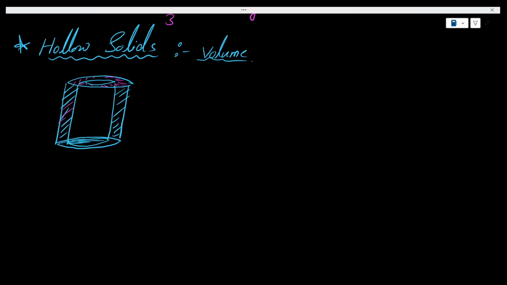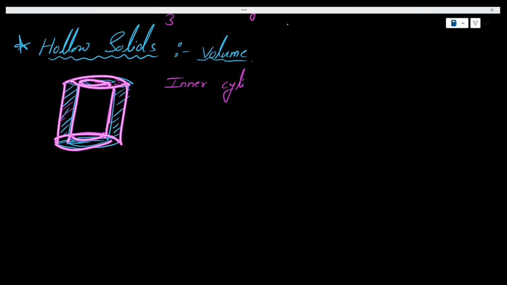that means we need to calculate the volume. Whenever we have this, you will always have an inner cylinder, that means a smaller cylinder which is inside. You can see there are two cylinders. This is called the inner cylinder, and this is called the outer cylinder. We can't take both volumes, because it is empty, hollow from the inside.